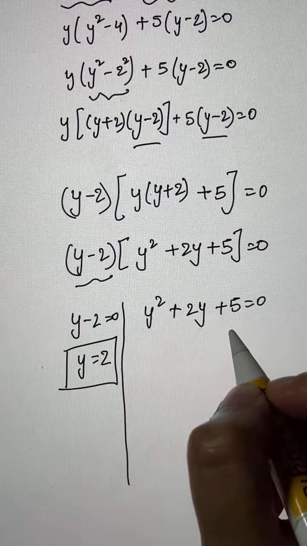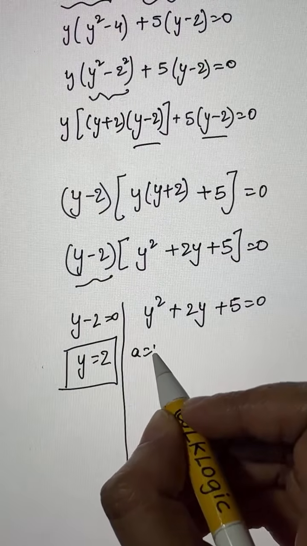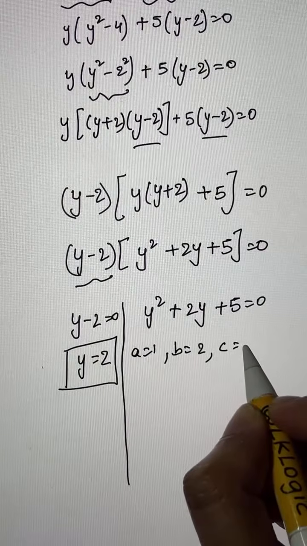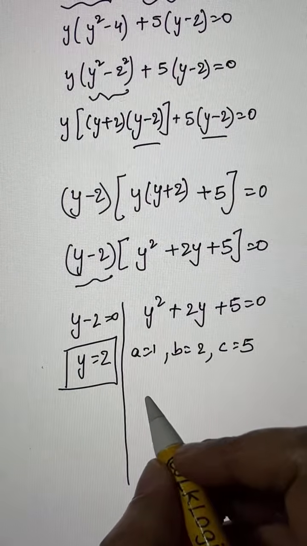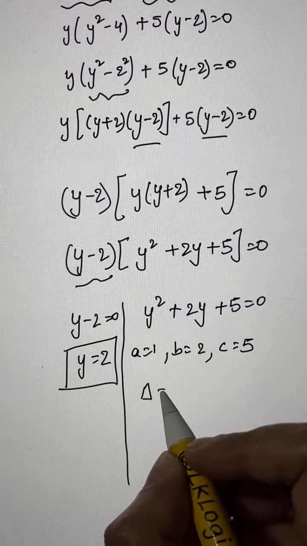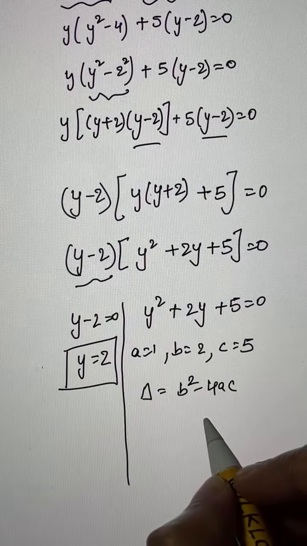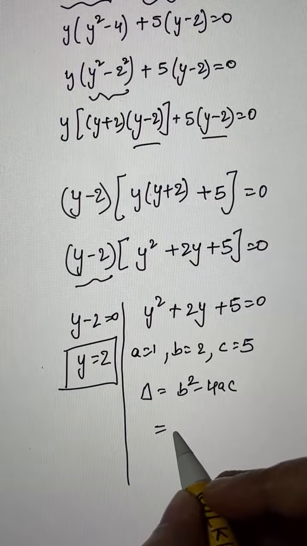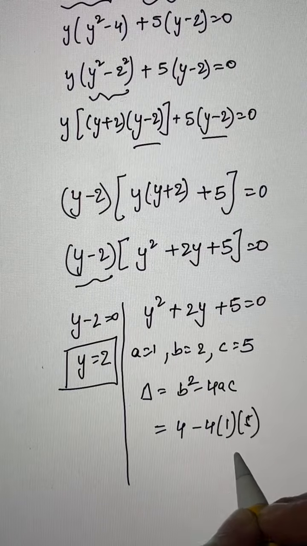Again, I can use the quadratic formula for this one, right? So what is my a? a is 1, b is plus 2, and c is 5. So what will be my discriminant? b squared minus 4ac. Okay, so let's find out. b squared is 2 square, 4, minus 4 times 1 times c is 5.